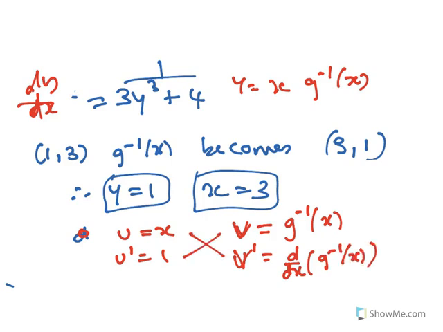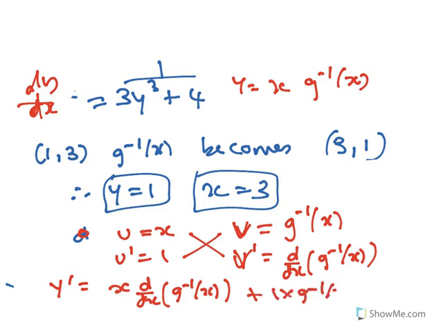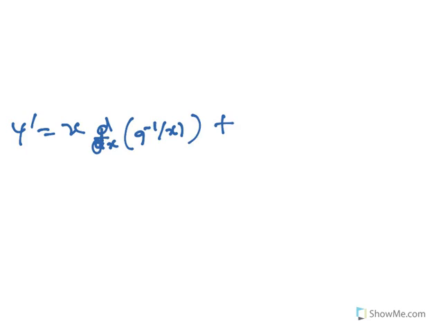So if we found the derivative of this, it would be x times the derivative of g to the minus 1 of x plus 1 times g to the minus 1 of x.